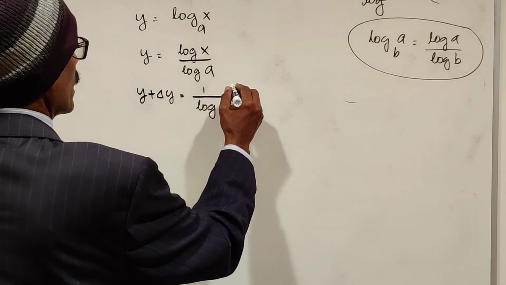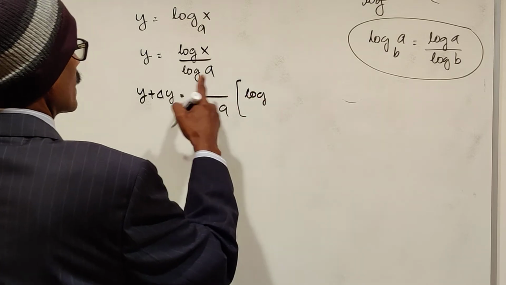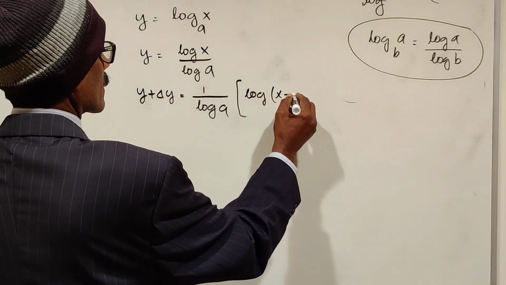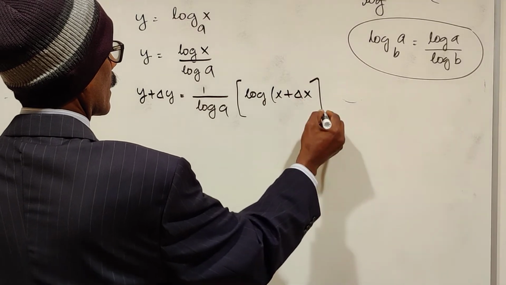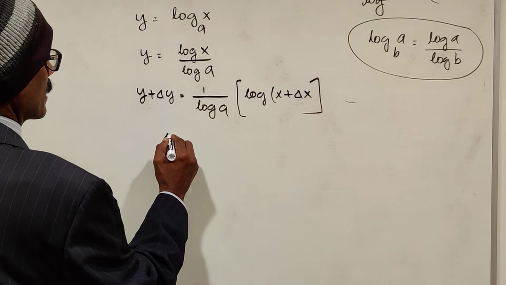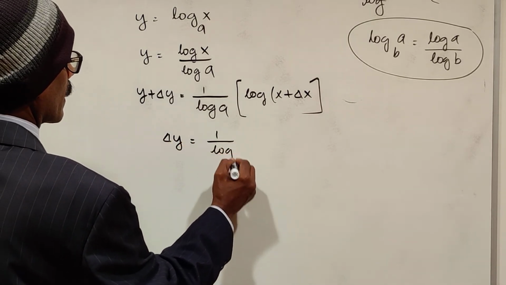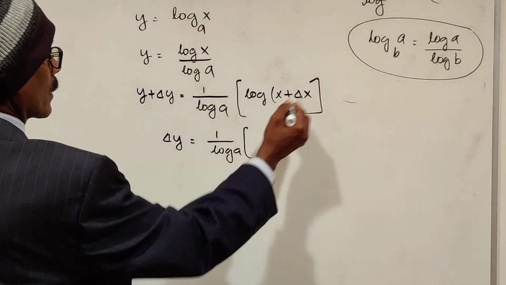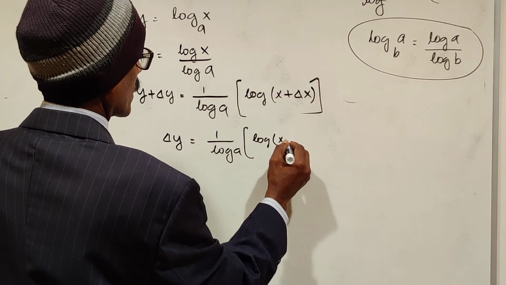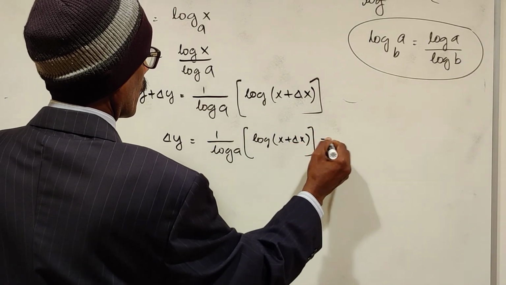1 by log a, log, what is the corresponding increment on x? That is x plus delta x. Then delta y equals 1 by log a, log x plus delta x, minus y.